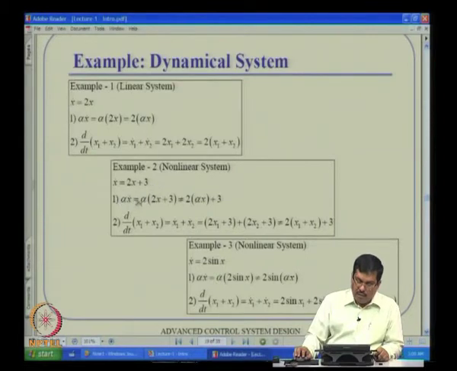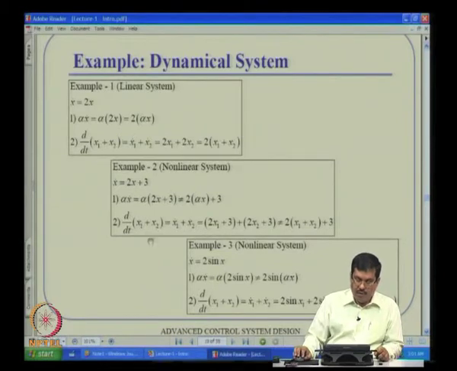If you carry out the same algebra here, you will see that 2 does not multiply the entire thing. The 2 multiplies only this particular component, and hence it does not satisfy the multiplicative criterion. Similarly, the addition criterion is also not satisfied.